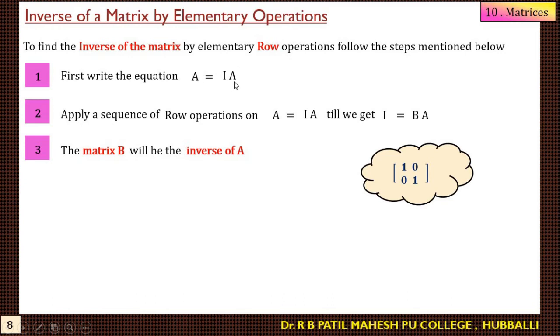We first write the equation A is equal to IA, and continuously use row operations till A changes to I. Simultaneously this I changes to some matrix, which is denoted B, the inverse matrix. I hope you understood.